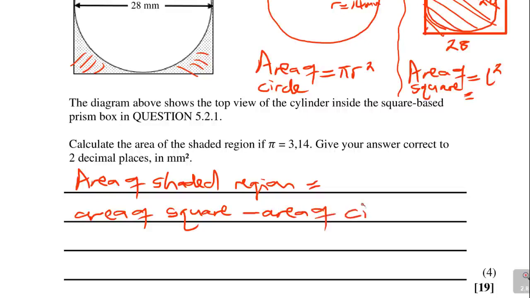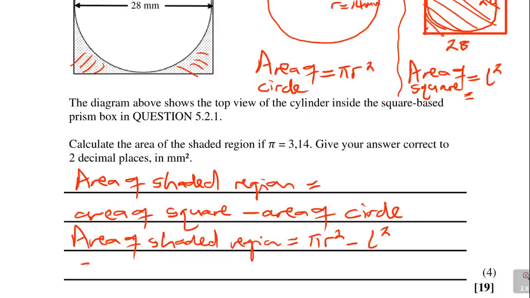Of circle. That's all. And then you continue: area of shaded region is equal to, now area of what? Of circle. You write the formula, pi r squared minus L squared.